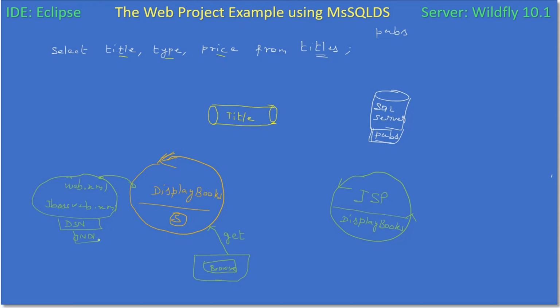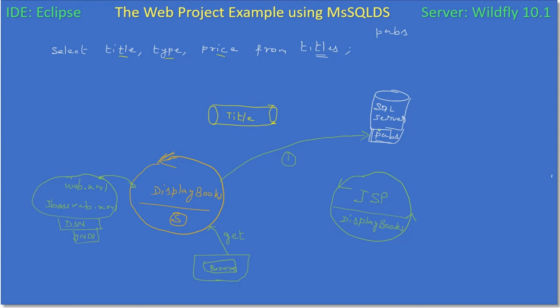We will specify the database connectivity detail here, and once we make a request, first we will hit the database and retrieve the data.